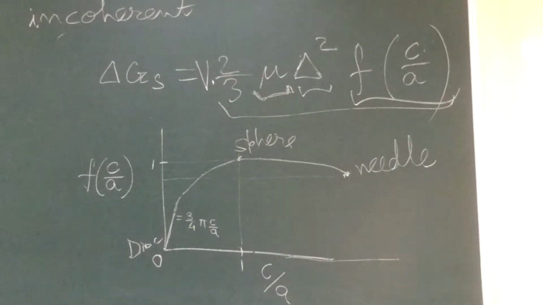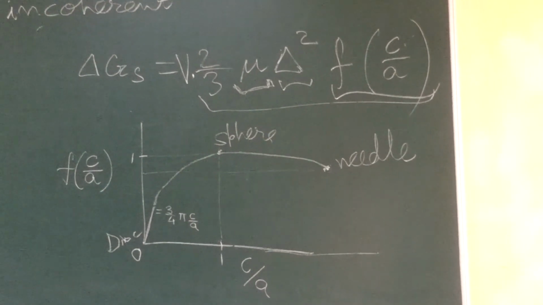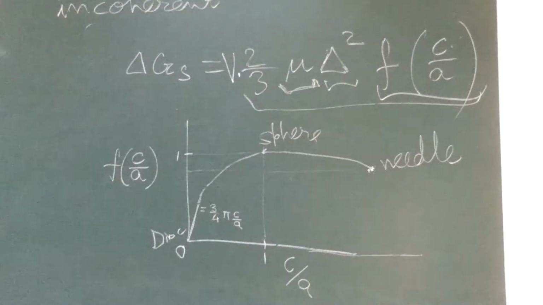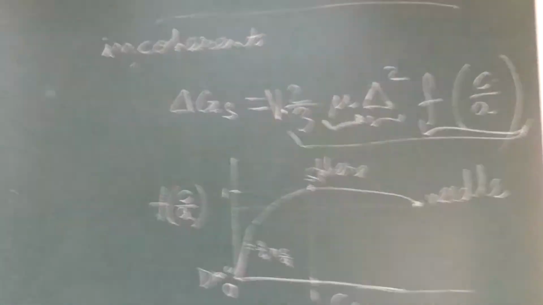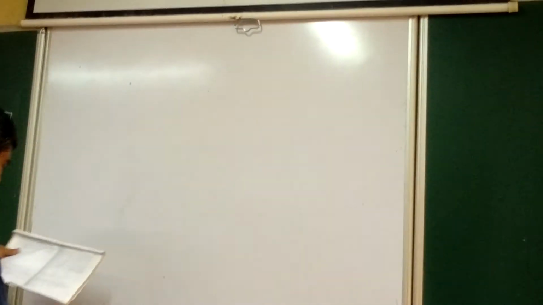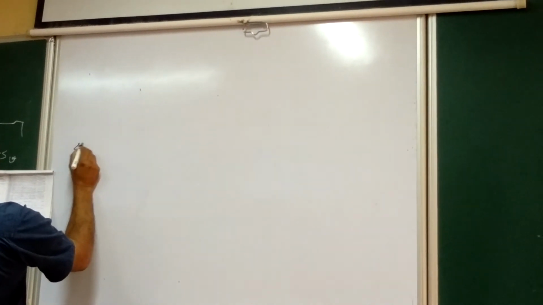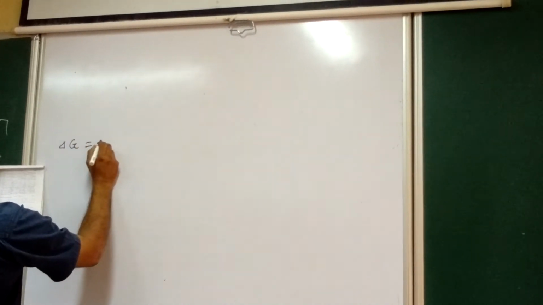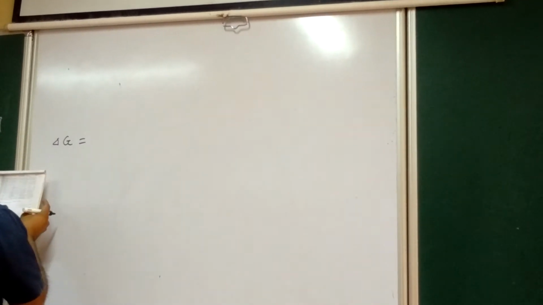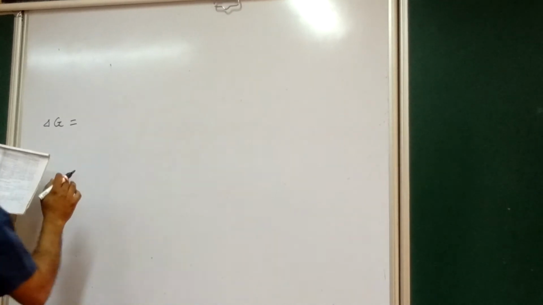So it will be an oblate spheroid near to disc shape, and we wrote down the volume of the oblate spheroid, and volume and area we wrote. So your delta G will be given by the free energy of formation of an embryo or an oblate spheroid.